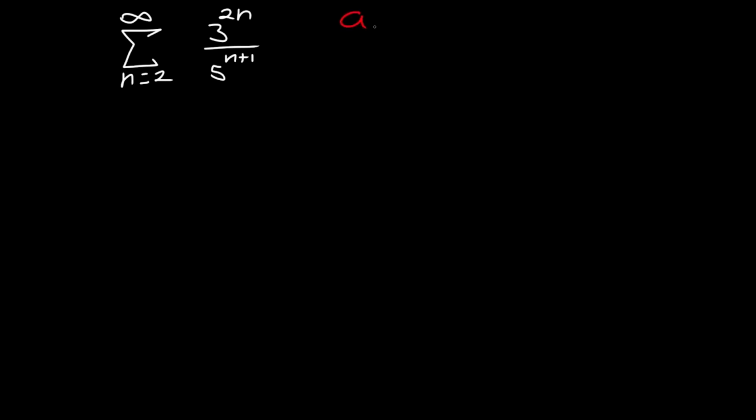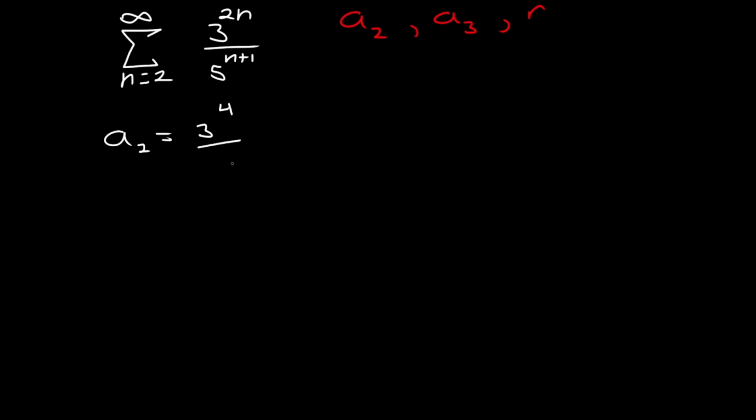So let's first find our first term a sub 2, our second term a sub 3, and our r. For our first term a sub 2, if we plug in a 2 for n, we'll have 3 raised to 2 times 2, which is 4. So this is going to be 3 raised to the 4th.